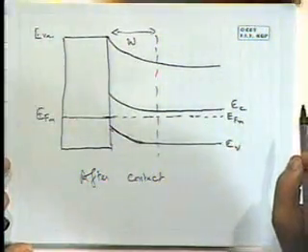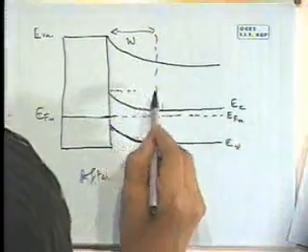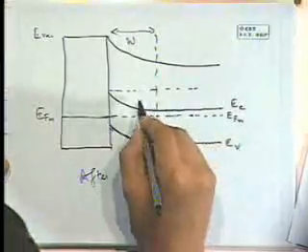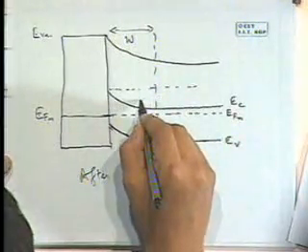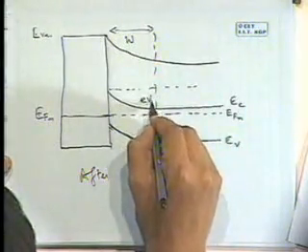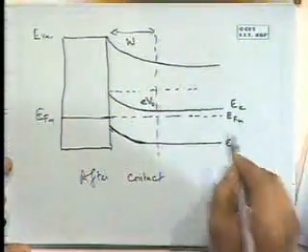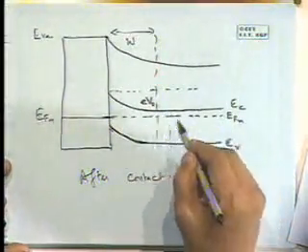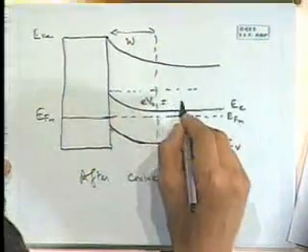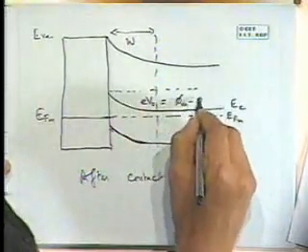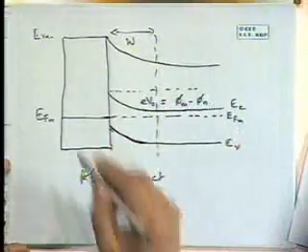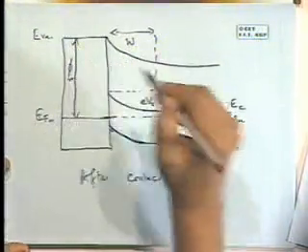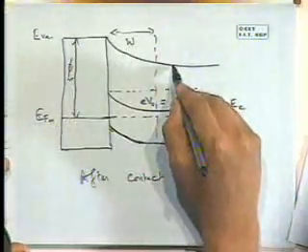Now when you look at it, this is the built-in potential, which we'll see is E V naught. Built-in voltage is V naught, and built-in potential is E V naught, which is given earlier. We had written it as phi m minus phi n. This is phi m, and this is phi n.